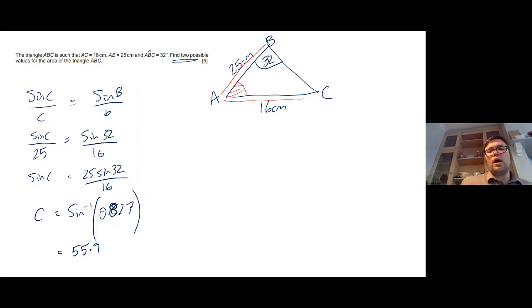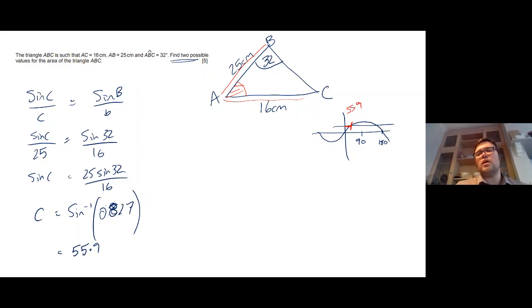As it said, there are two possible answers, so there's going to be two possible values for that C. How I would do it is I would draw a sine graph. 0.8 is approximately there. There is 90 degrees. There is 180 degrees. The distance from where it cuts the axis to there is going to be 55.9.